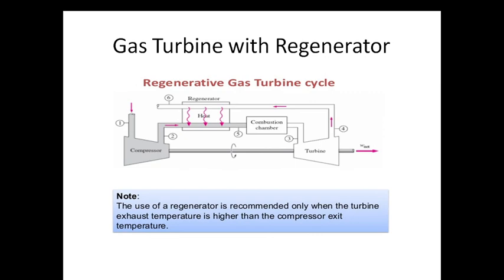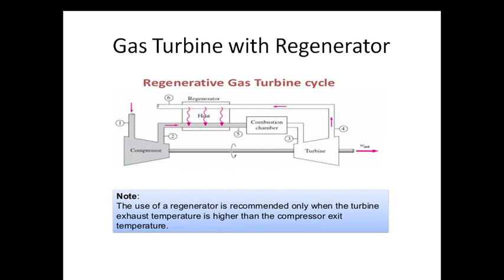This shows that the temperature of the compressed gas has been raised by T2 in the heat exchanger with a fall of the exhaust gas temperature. The higher temperature gases are discharged by the turbine at the end of the expansion. This high temperature waste heat can be utilized to preheat the compressed air. So here we use the high temperature exhaust gases from the turbine to preheat the compressed air before entering the combustion chamber.